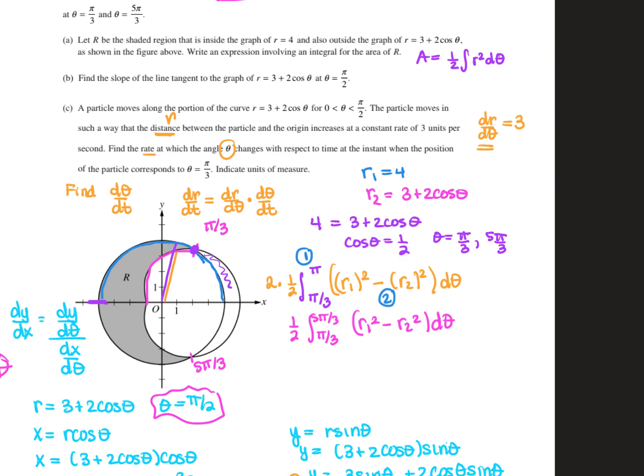Sorry, I'm running out of room. dr/d theta is just the derivative of the cardioid, so minus 2 sine theta. We want to know at pi over 3, so I'm going to plug in pi over 3, where sine is root 3 over 2, so negative root 3. So dr/d theta is negative root 3.